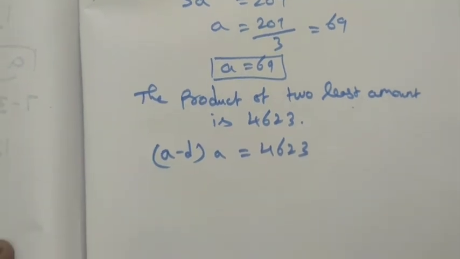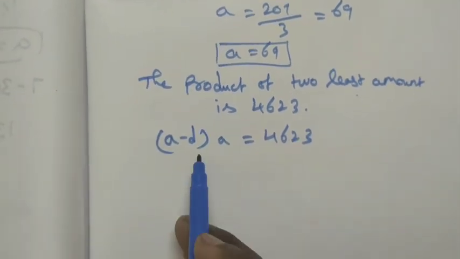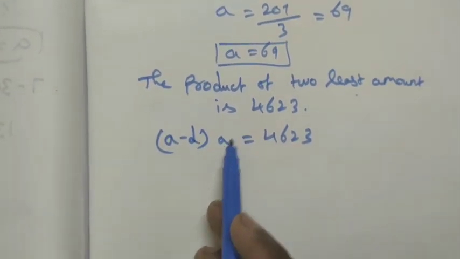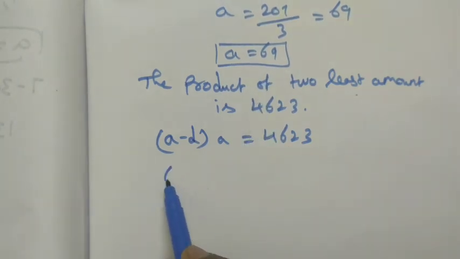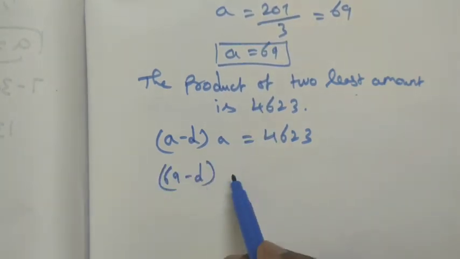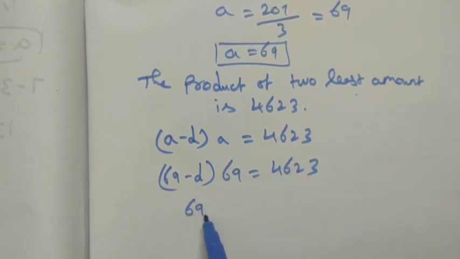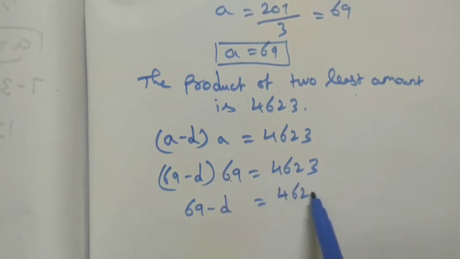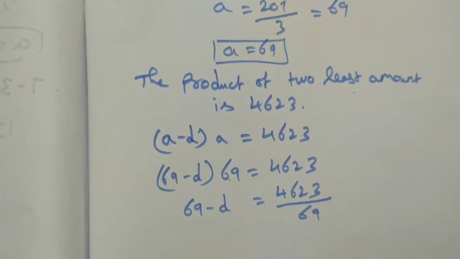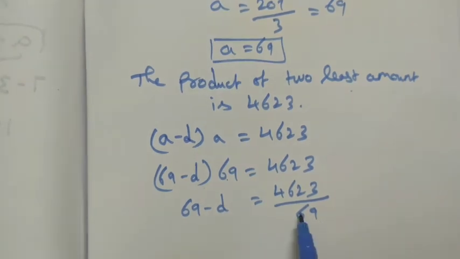Now multiply these terms and we know the value of A, right? A is given as 69. So 69 minus D into 69 is equal to 4623. So 69 minus D, I take this 69 to the other side, so it is in multiplication, so it turns to denominator.